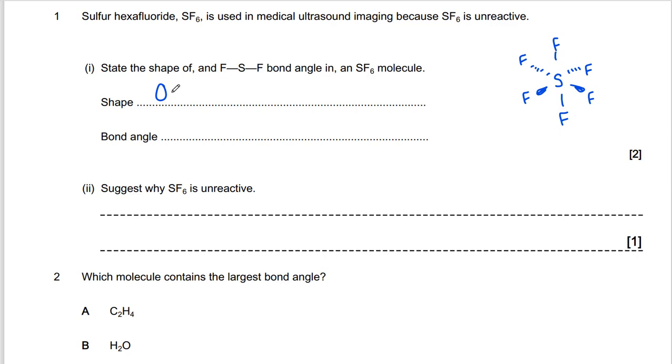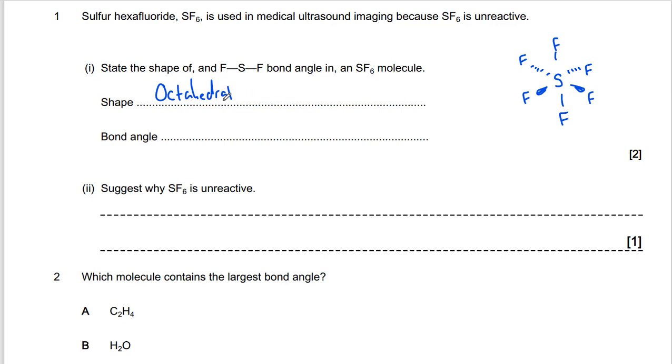The shape is octahedral. It is called octahedral because if you were to put it as a 3D shape and put faces onto the shape, it would be an octahedron. It would be 2 square-based pyramids inverted on top of each other. People say, oh, it's octahedral, but it's only got 6 bonds.